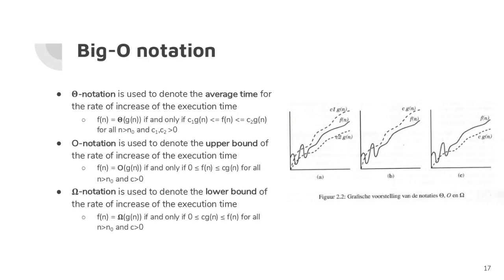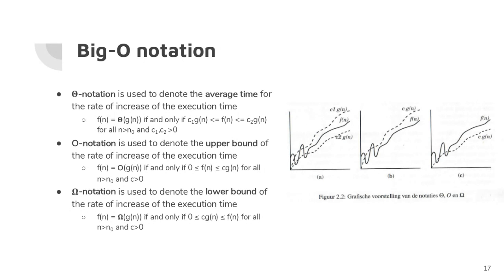And then finally, you have the omega notation. It's used to denote the lower bounds. So that's the best case, a lower bound of the actual execution time. Usually the lower bound we're slightly less interested in, because that's the best case.